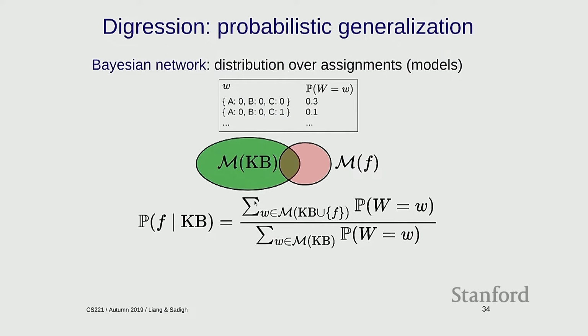And that event has some probability. That's the denominator here. When you intersect F and the KB, you get some other event, which is a subset of that, and you can ask for the probability mass of that intersected event. That's the numerator here. If you divide those, that gives you the probability of a formula given the knowledge base. So this is a pretty nice and direct probabilistic generalization of propositional logic.